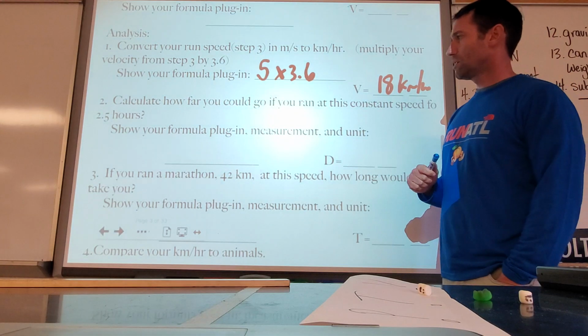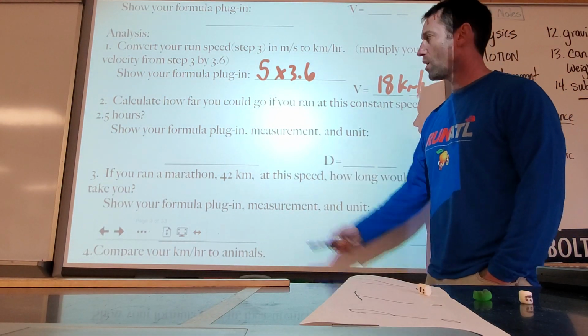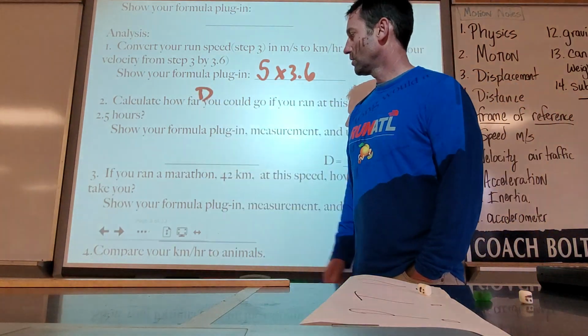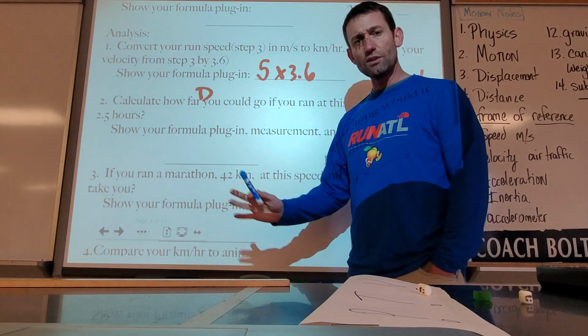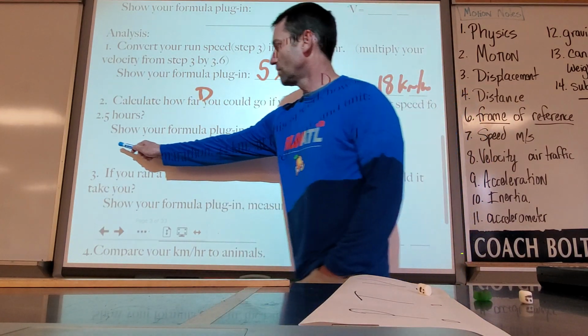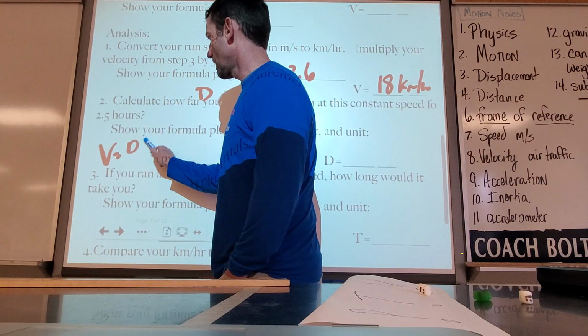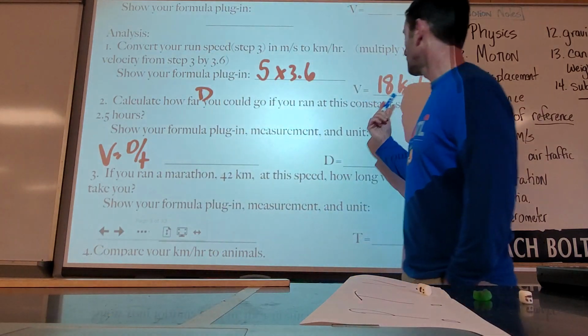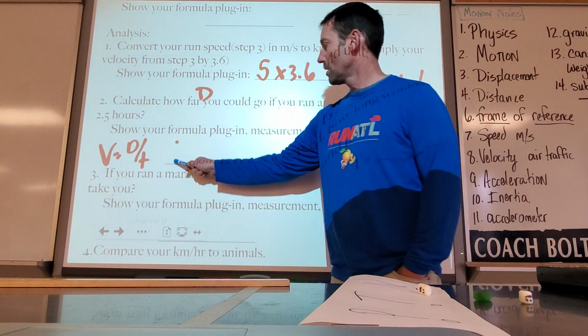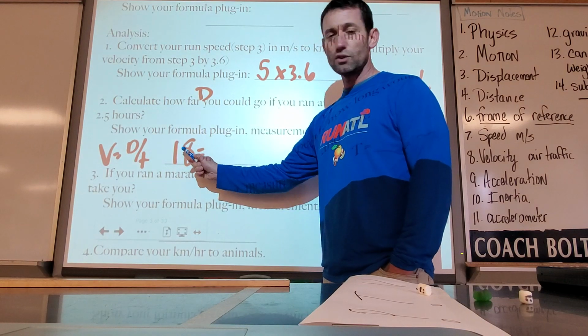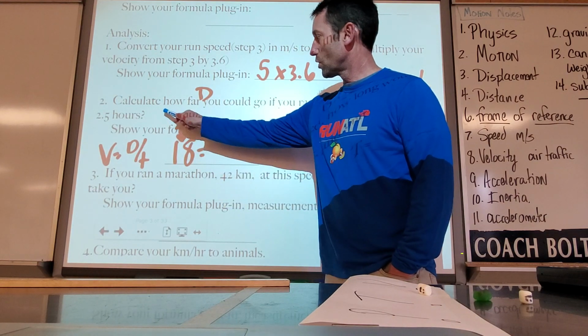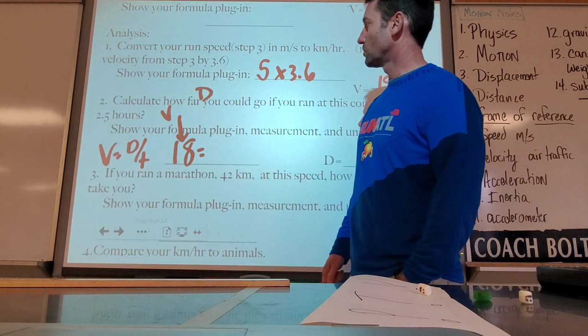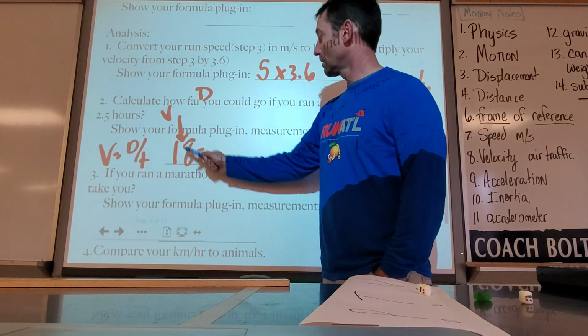Well, how far could I go? How far? That means distance. So I want to solve for distance. No reason to manipulate the formula. Instead, just plug it in and solve for D, like this. If my speed was 18 kilometers per hour, use your kilometers per hour, put yours in here. Your V from step 1, basically.